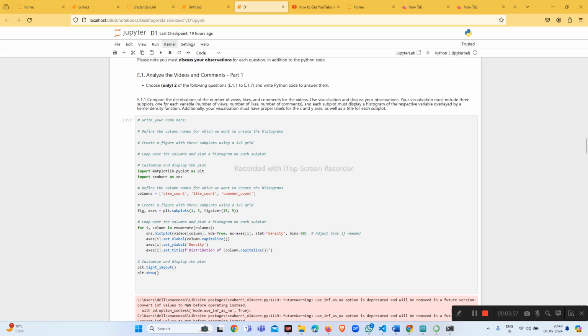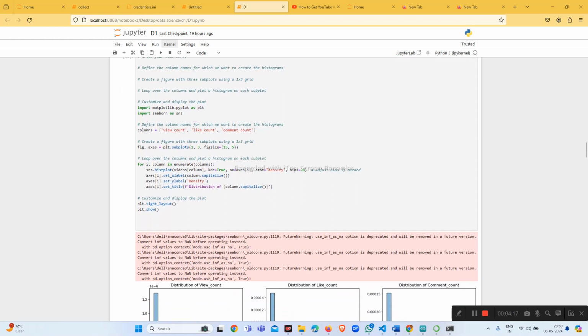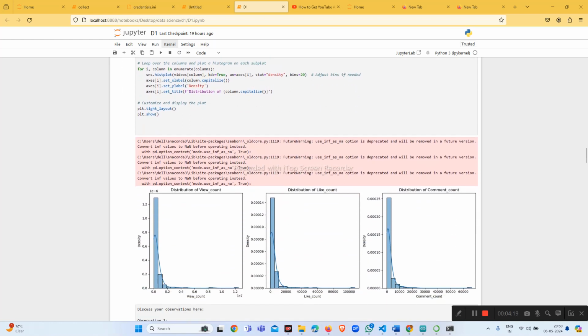It also sets the number of bins to 20, which means it divides the data into 20 groups to make the bars. The labels on the axes and the titles on the histograms are changed to fit what is being shown. Finally, the plot is displayed in a way that makes it easy to read. This helps us to understand the spread of what is typical for these metrics in the data set.